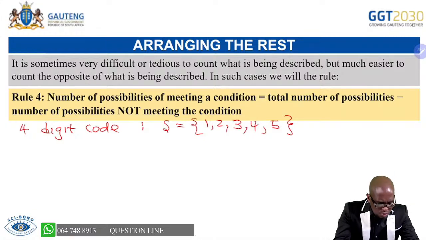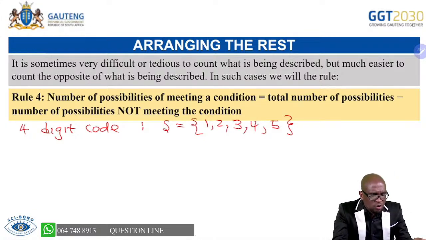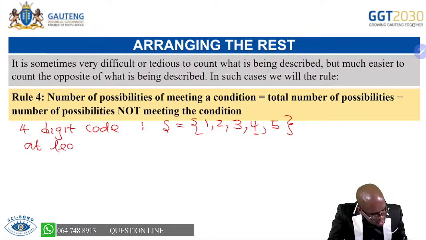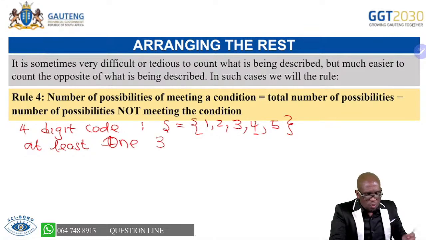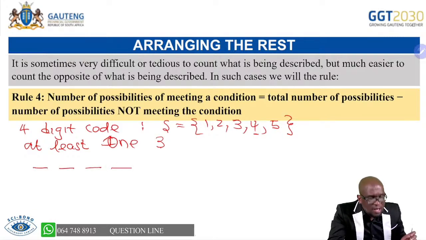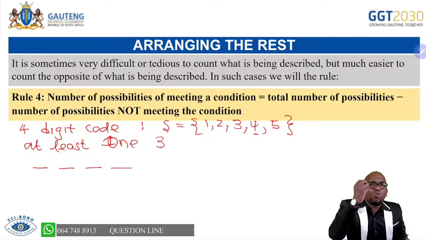And then they say to you, what are the total number of codes where you use at least one 3? For a 4-digit code, remember, if you use at least one 3, it means you can use a single 3 or more.